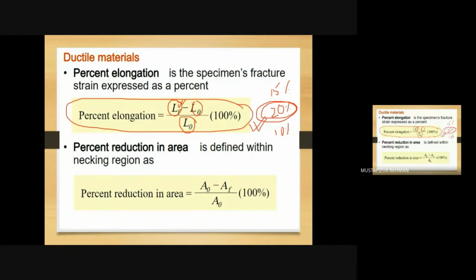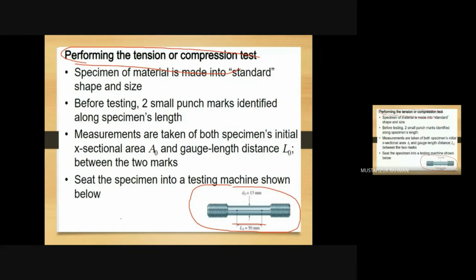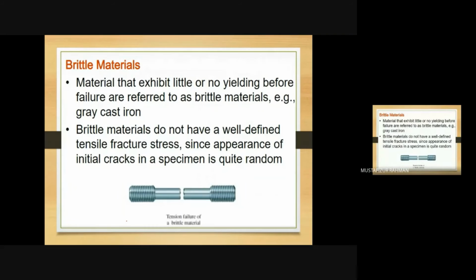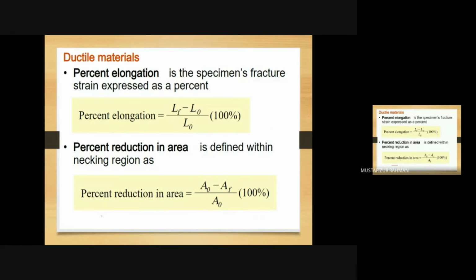It is defined in the necking region. What is the necking region? We have a material, we are applying force, and slowly it is increasing in length. At one point, somewhere it will start reducing in cross-section.